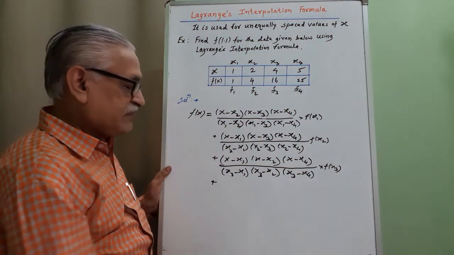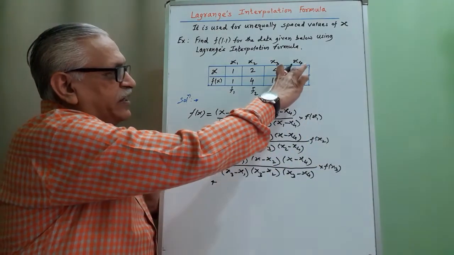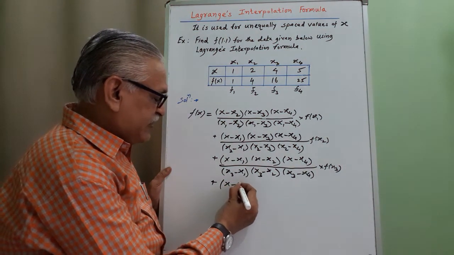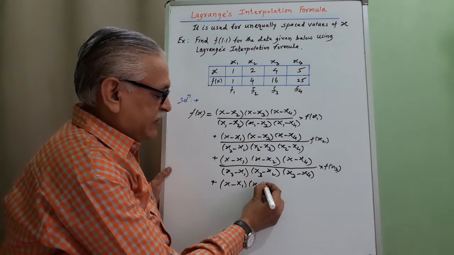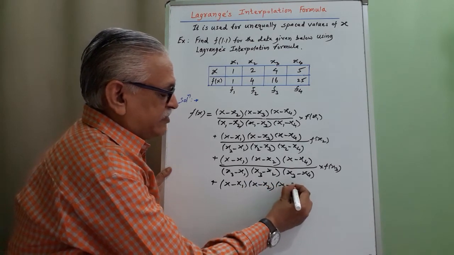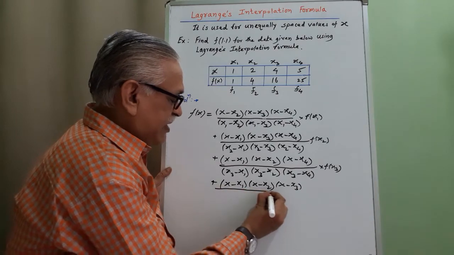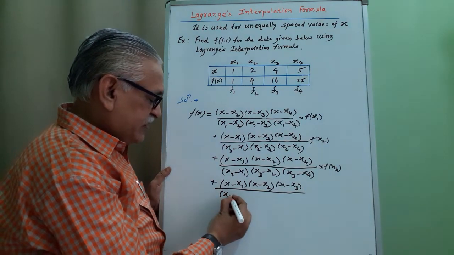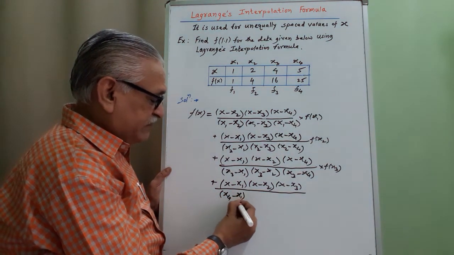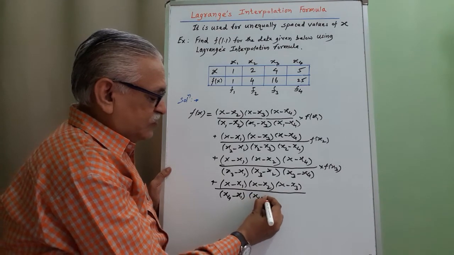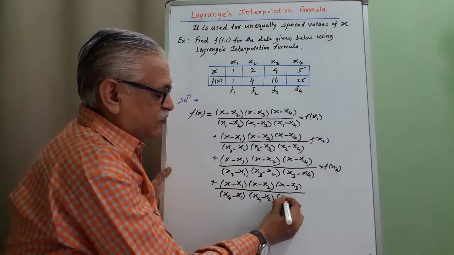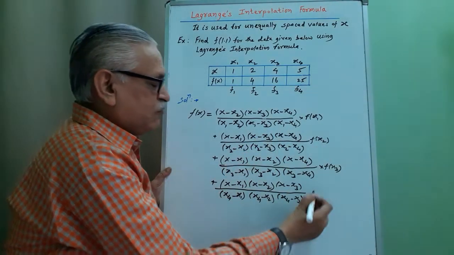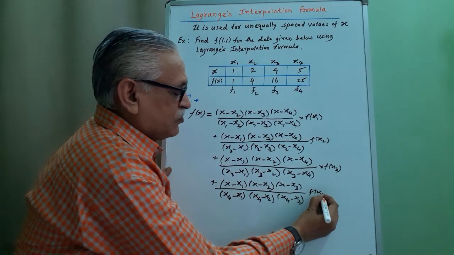Plus, lastly we neglect the fourth point x4 and write down the product for the remaining as x minus x1, x minus x2, x minus x3, whole divided by the neglected point x4 minus x1, then x4 minus x2 and lastly x4 minus x3, into f4, meaning f of x4.